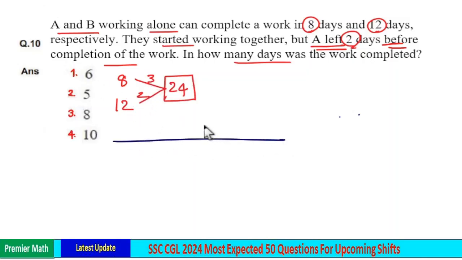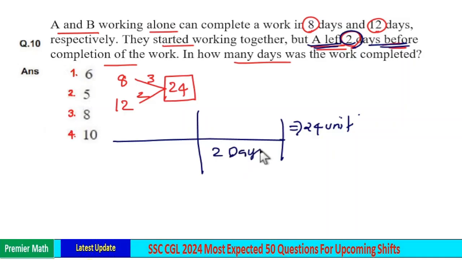Now, total work is 24 unit. Here A left 2 days before the completion of the work, which means in the last 2 days B alone worked. So B completes 2 unit of work in a day. So in 2 days, 2 into 2, 4 unit of work he completed, which means remaining work is 24 minus 4, which is 20 unit, completed by both A and B. That is 3 plus 2, 5 unit of work will be completed by A and B in 1 day.